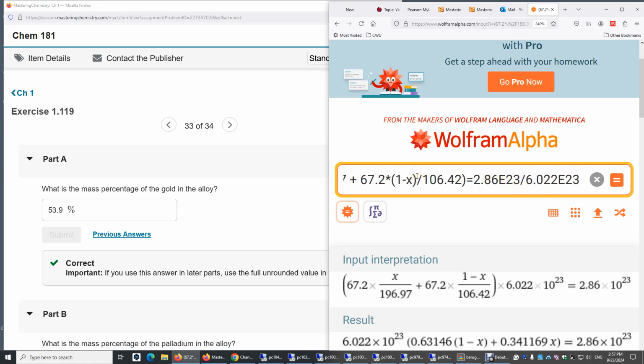You can see we still have the same equation with a very small modification. Both sides divided by the Avogadro constant. And this part, the highlighted part, is the total number of moles of these two elements. Alright, and then we can, of course, look at the left hand side.